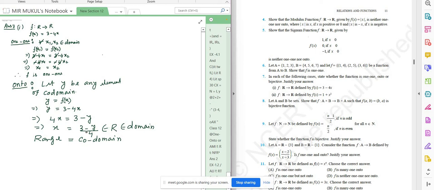If every element of codomain has a pre-image, then you can say range equals codomain. If range equals codomain, then we can say that f is onto. Now f is one-one also, f is onto also. Therefore f is bijective. Right?